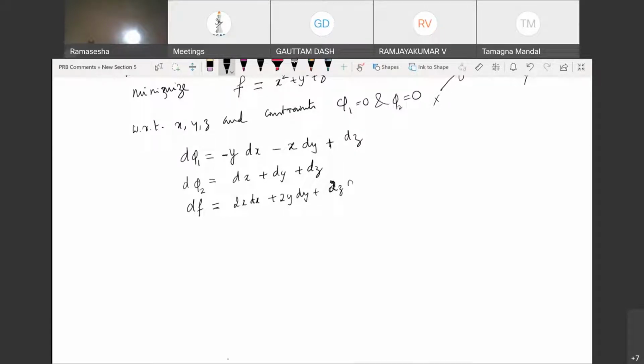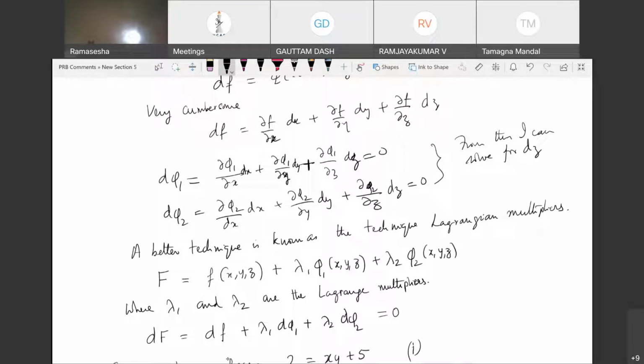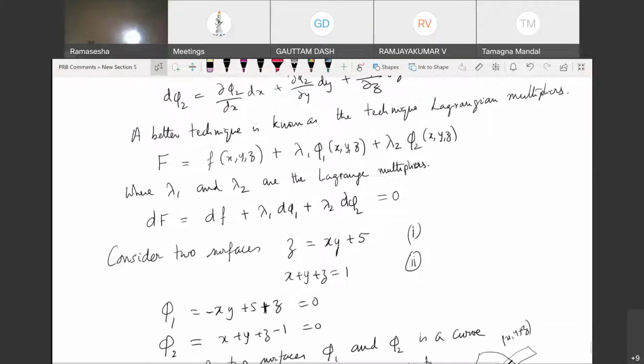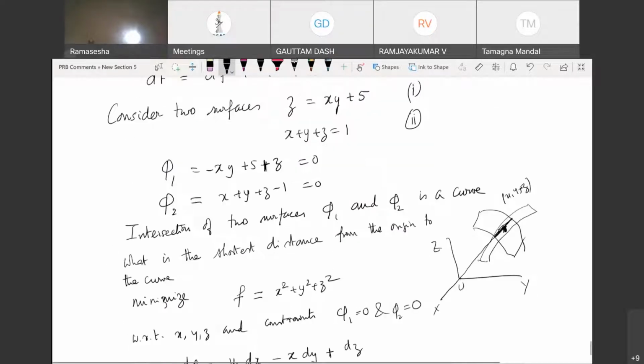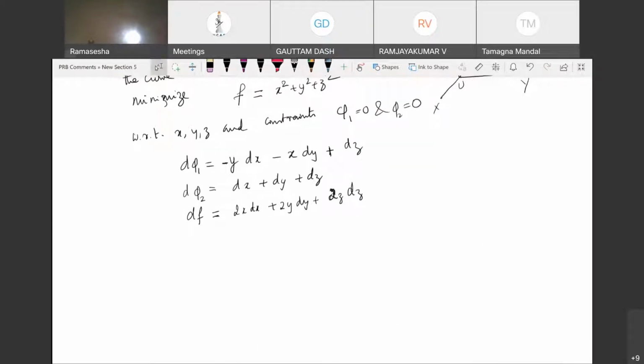So all the things are shown here. So now if I look at d phi, if I'm minimizing phi equal to f plus lambda 1 p1 plus lambda 2 p2, then I will have to have three equations.